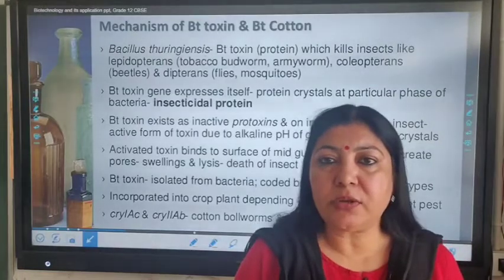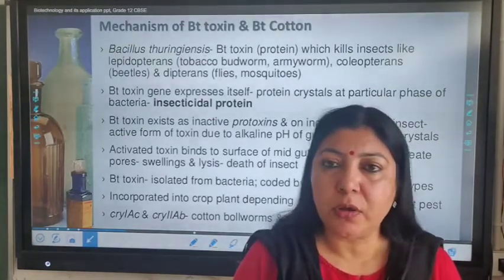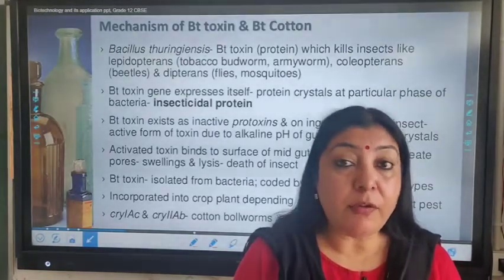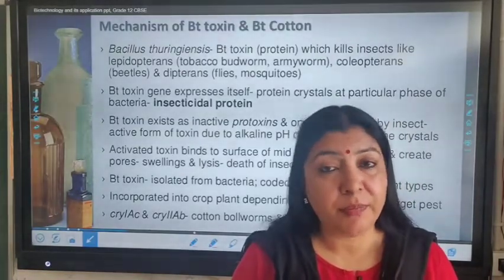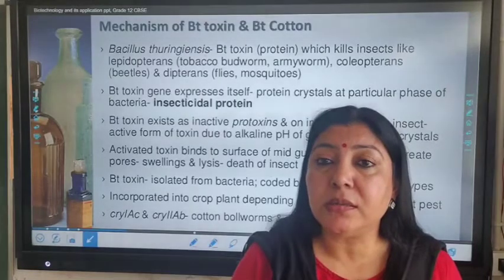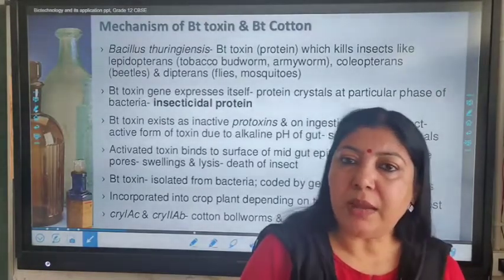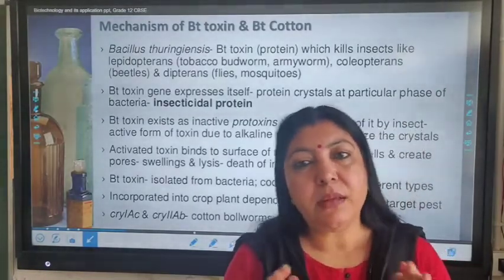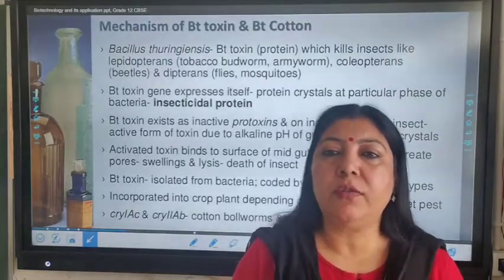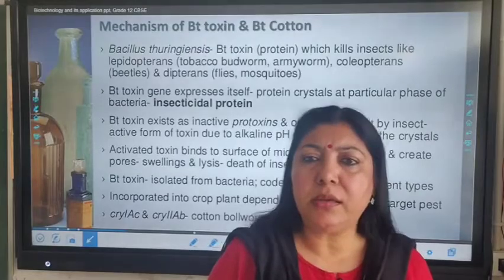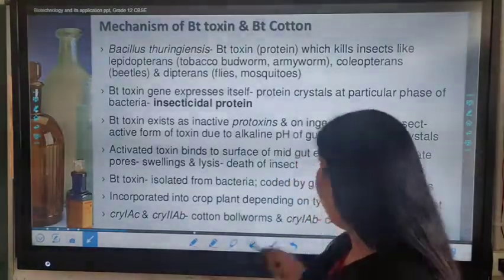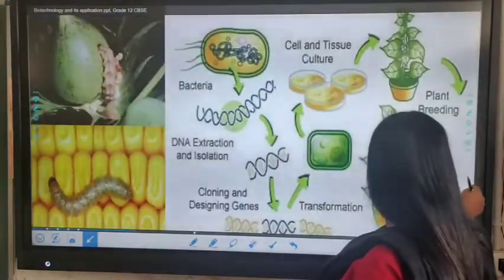We could also get this toxin, though there are no reports of any problems faced by animals or human beings, but still there are certain concerns. Therefore, many ecologists generally oppose the use of Bt in agriculture. So what is the other alternative? Now we will study another alternative.